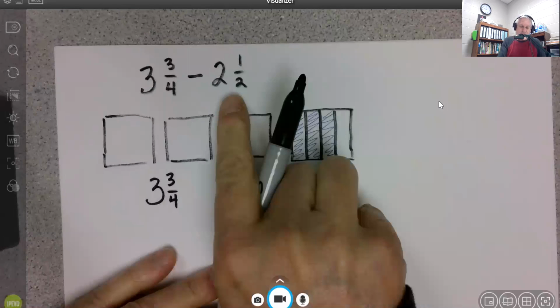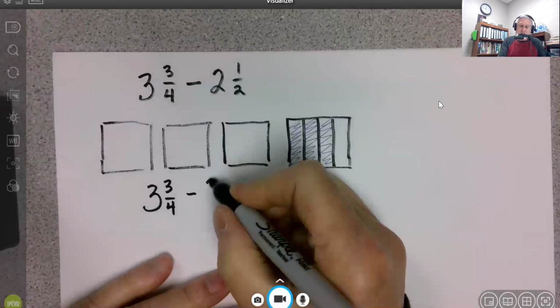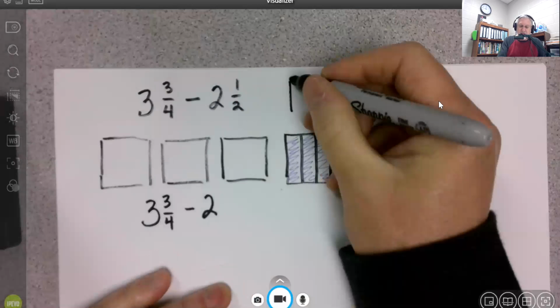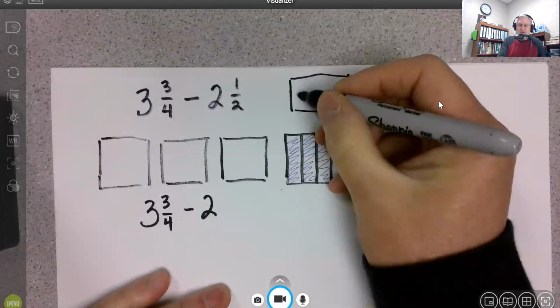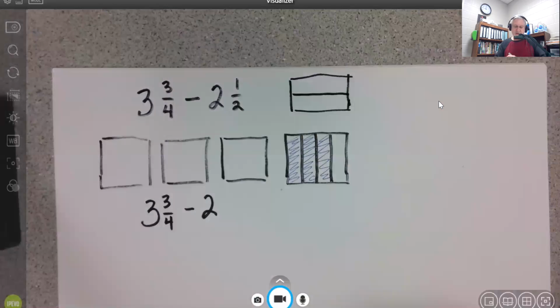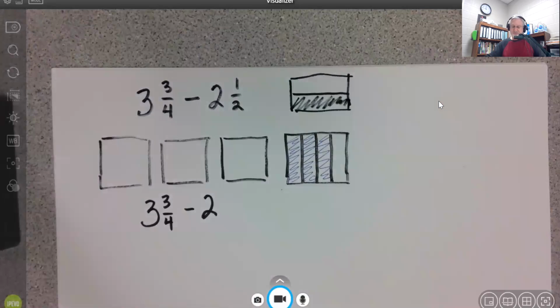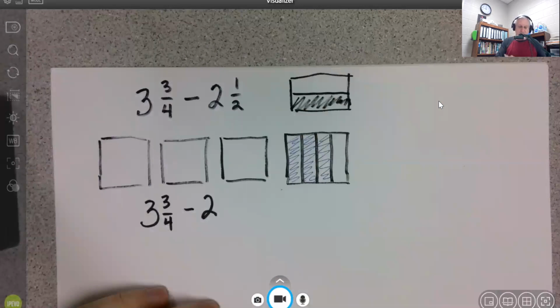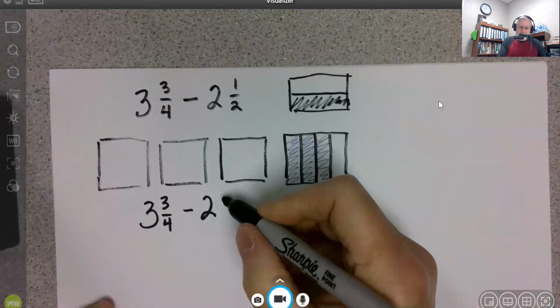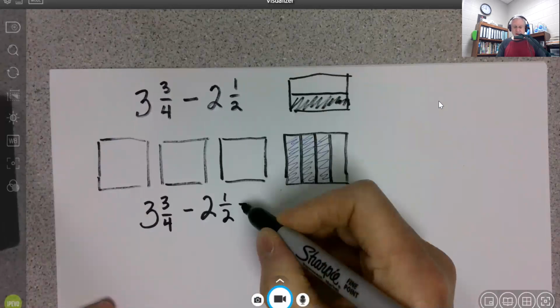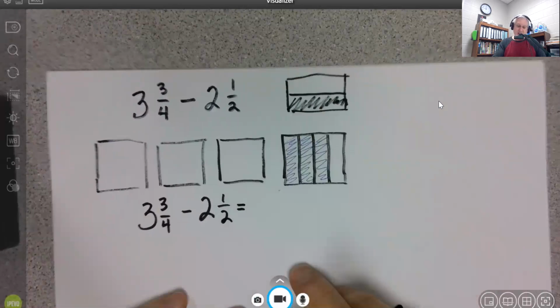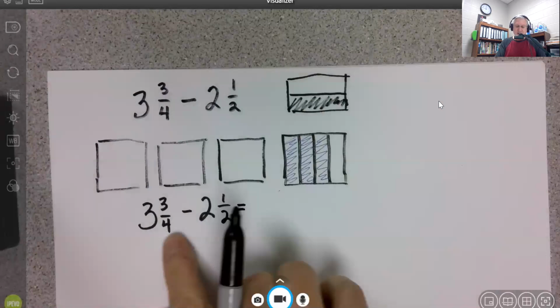Then up here, I should know what a half looks like. That's pretty easy. So I just cut that in half and shade in 1 part. All right. So now, again, I want to make common denominators.